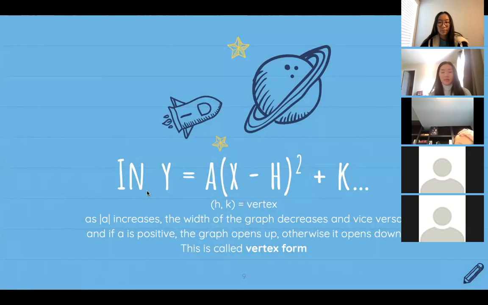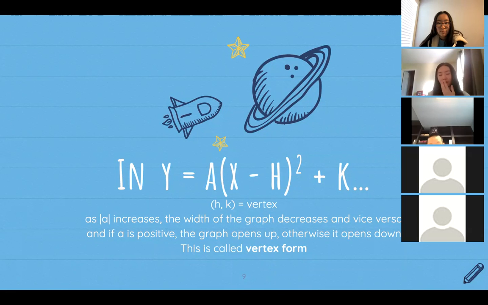Okay, so just a little summary for you to see. When we write it in this form, it's called the vertex form, y equals a times x minus h squared plus k. As the absolute value of a increases, that just means as a gets really big, like 10 or negative 10, the width of the graph decreases, so it gets skinnier.